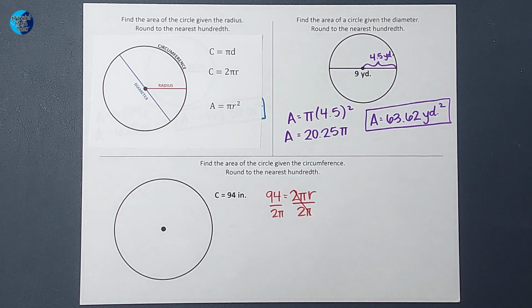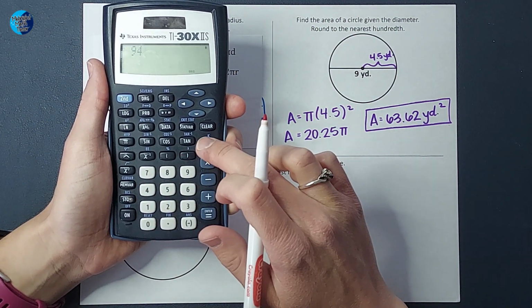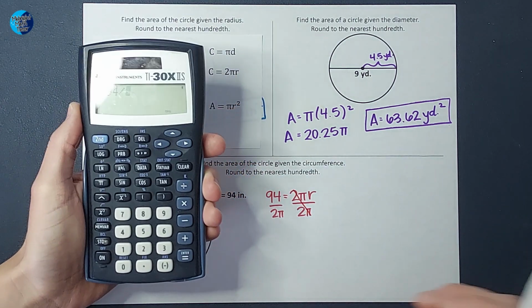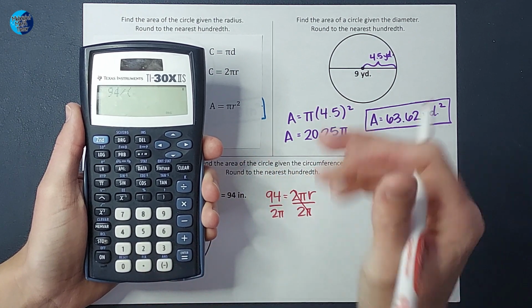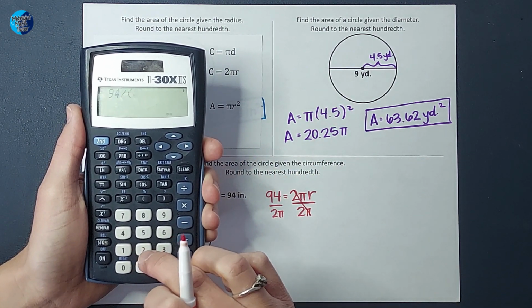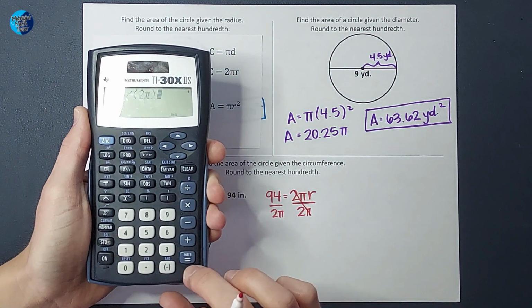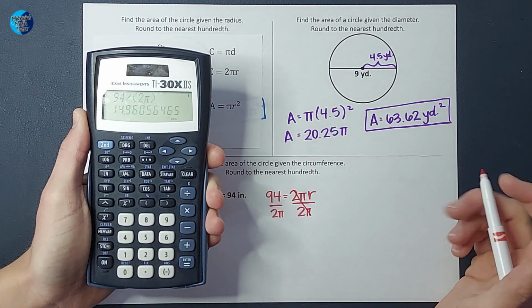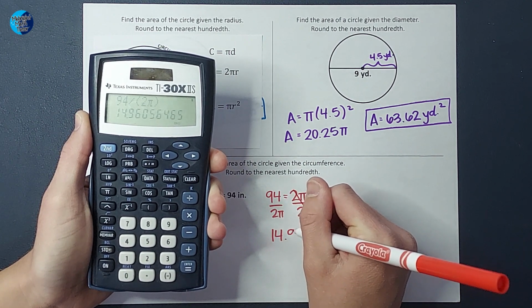Because that makes r be by itself, okay? So let's go ahead and use our calculator. So I'm going to do 94 divided by 2 pi. I'm going to make sure I use parentheses so that the 2 and the pi stay together on the denominator. There you go. So 94 divided by 2 pi gives me 14.96.